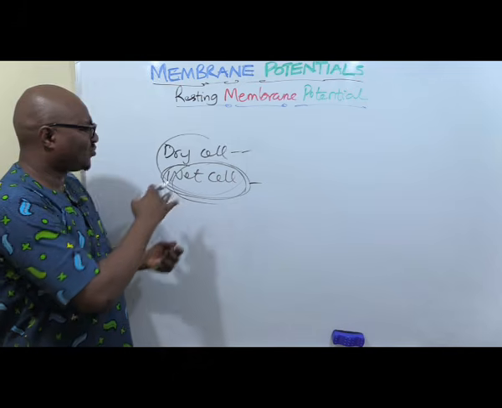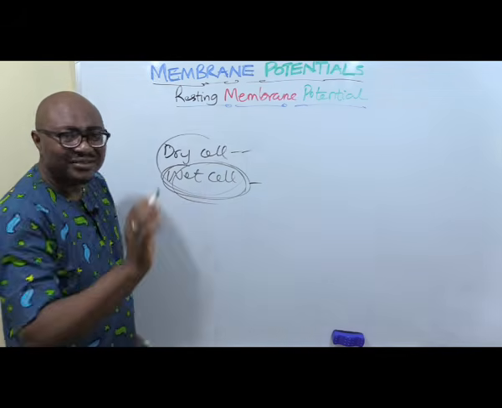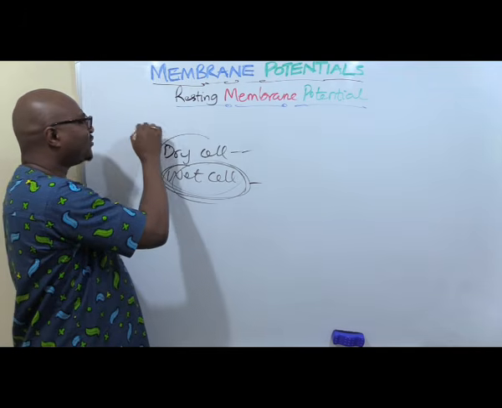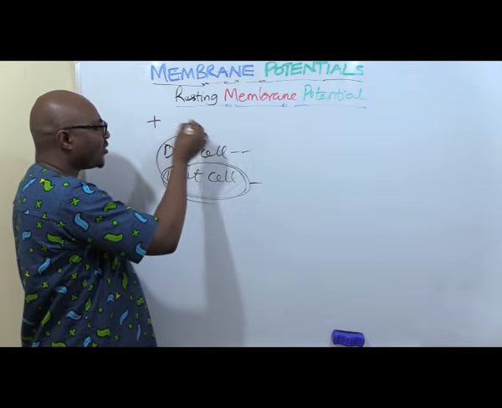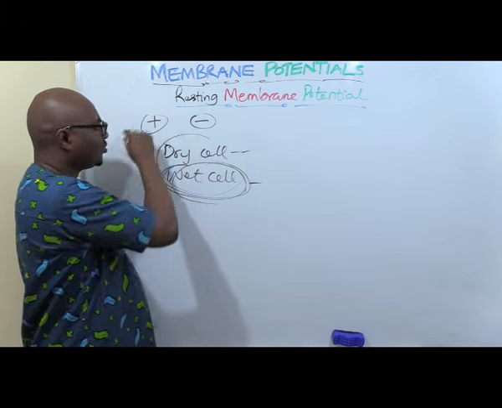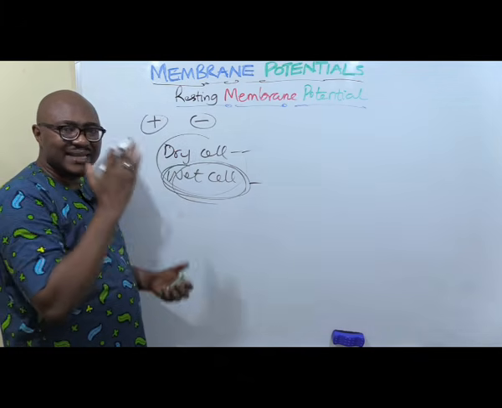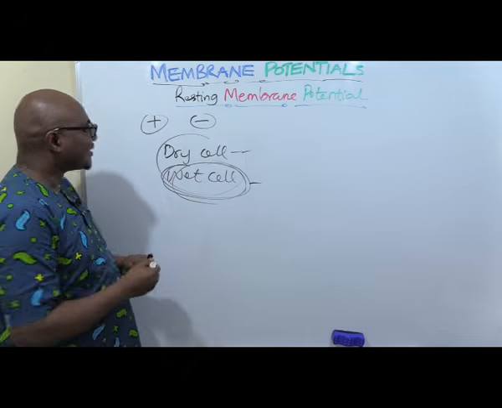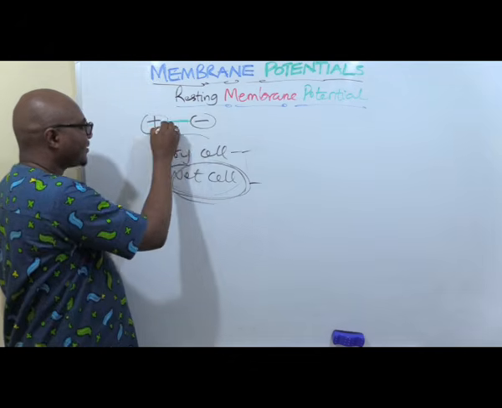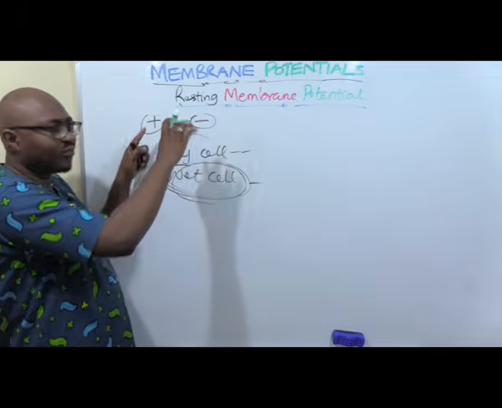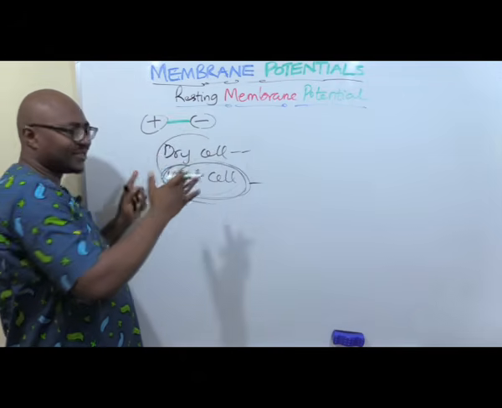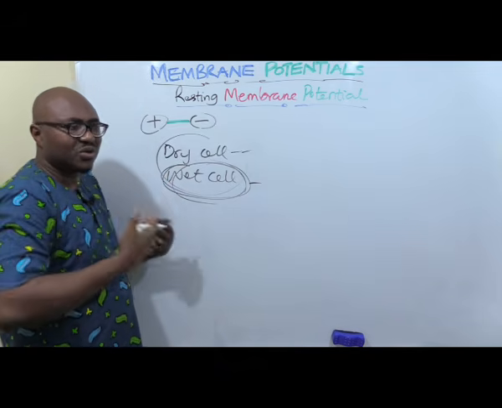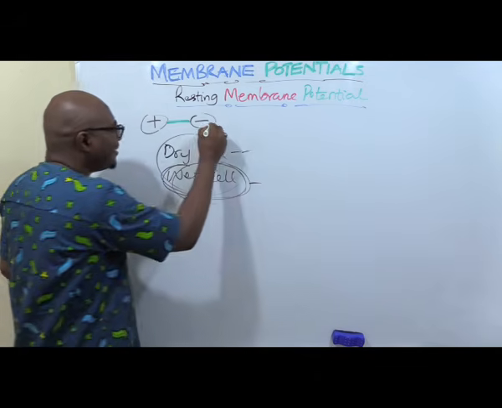So when you talk about a wet cell, chemical energy to electrical energy, you're just talking about the fact that in a solution like this, you have charges, positive ions and negative ions, distributed. And there's what is known as potential difference, which is the difference in the magnitude of these two charges, negative and positive.